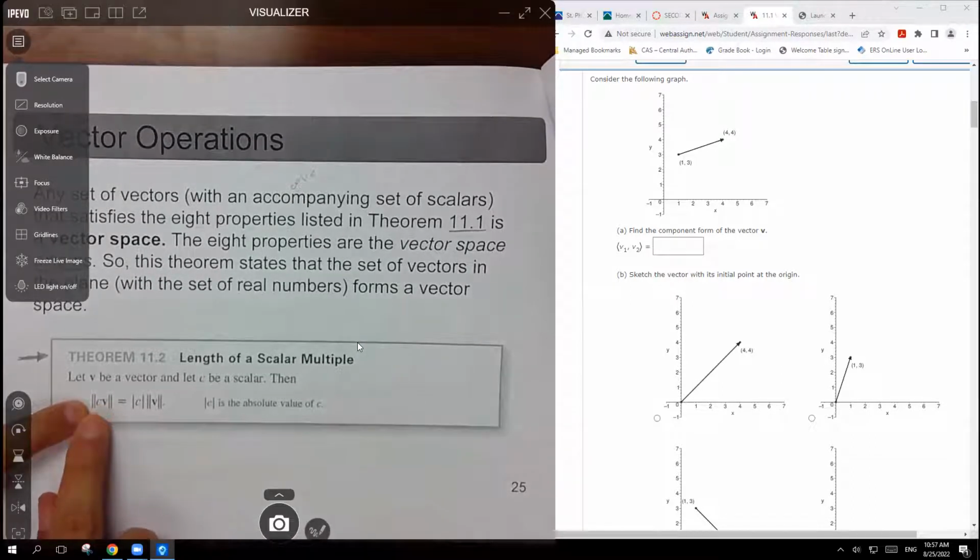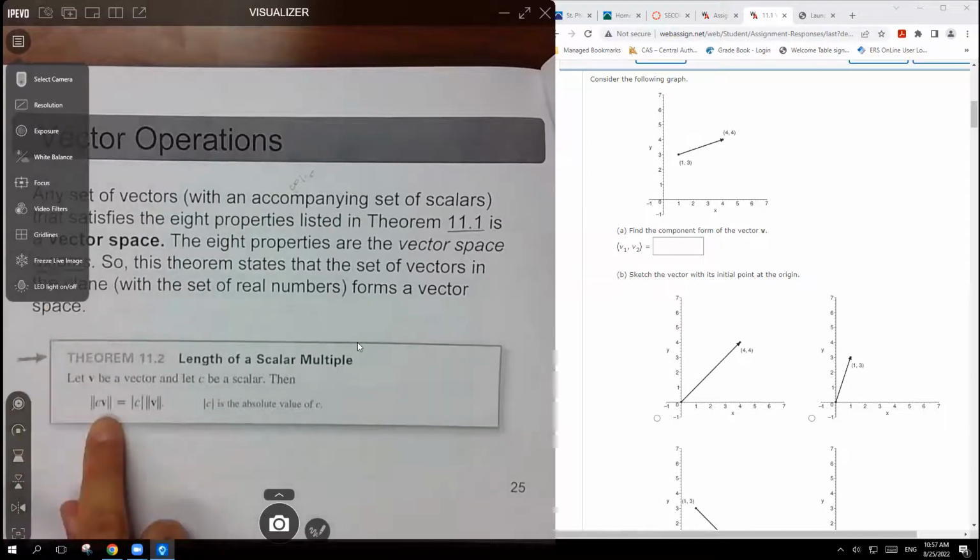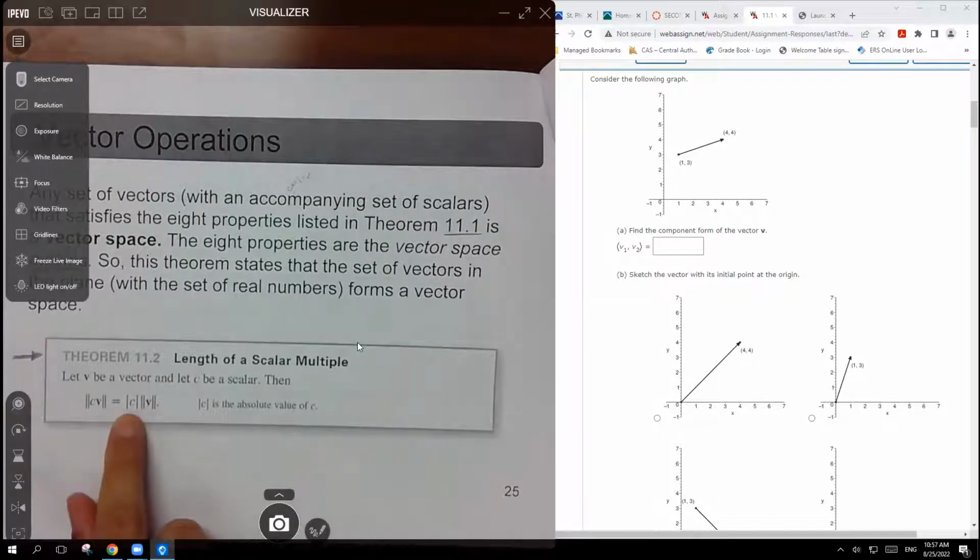The length of C times V is going to be the absolute value of C times the length of V. So when they ask you to find the length of C times V, you can take out the C. This is important when you have a proof. Take out the C and find the length of V, but you have to use the absolute value of C. That means if you have a negative number, it's always going to be positive. There's a proof for this one also.